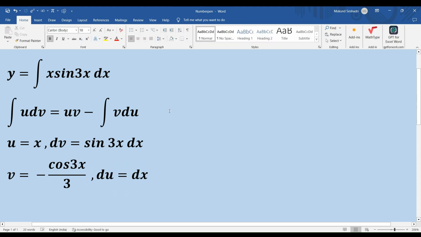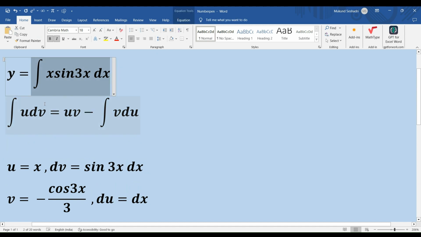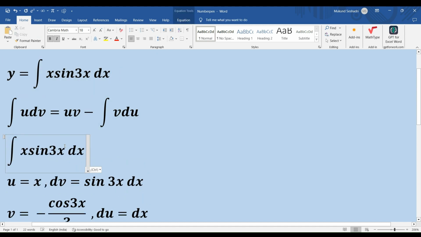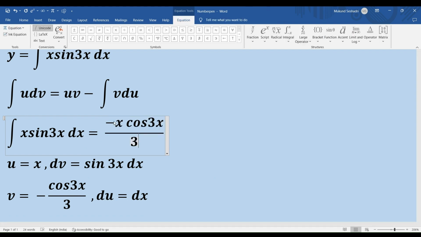So I go back to my integration by parts, and I have my LHS equal to the integral of x times sine 3x dx. My u is x and my v is minus cos 3x by 3. And when I multiply both to get my uv, I get minus x cos 3x by 3. And then I go to my integral of v du.